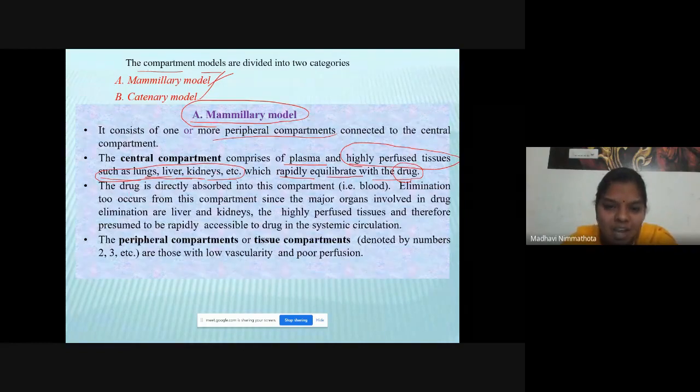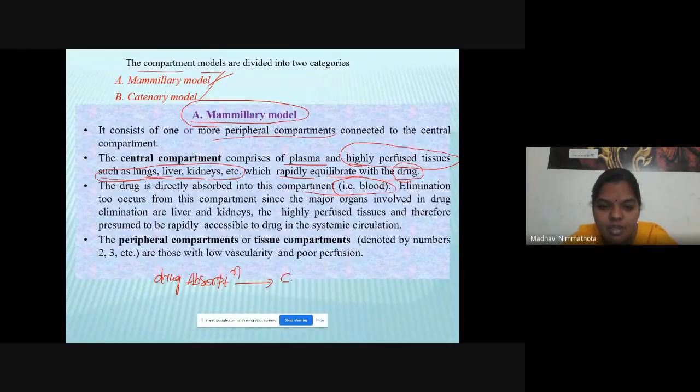The drug is directly absorbed into the central compartment, that is plasma or blood or the highly perfused tissues of lungs, liver and kidney. This is very important and very easy.